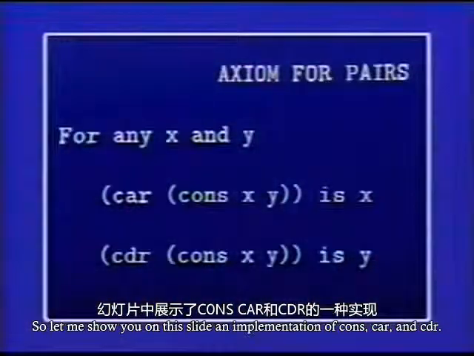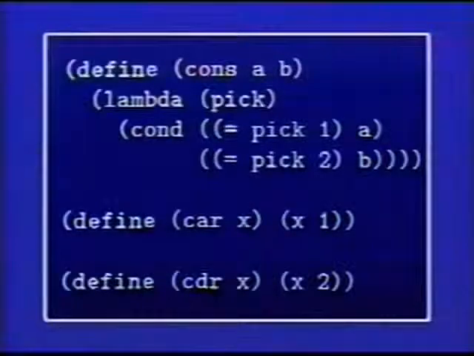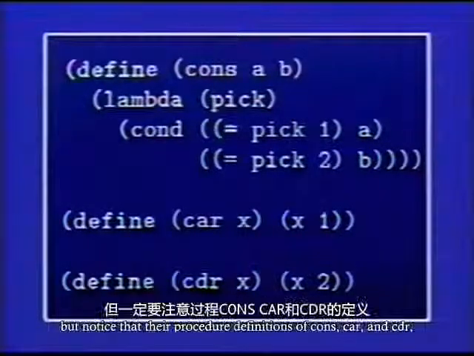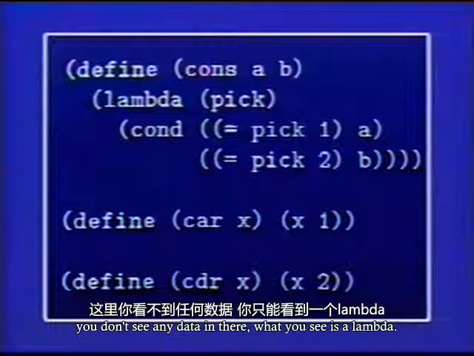So let me show you on this slide an implementation of cons, car, and cdr. We'll look at it again in a second, but notice that in the procedure definitions of cons, car, and cdr, you don't see any data in there. What you see is a lambda.